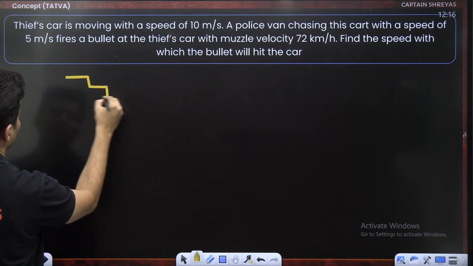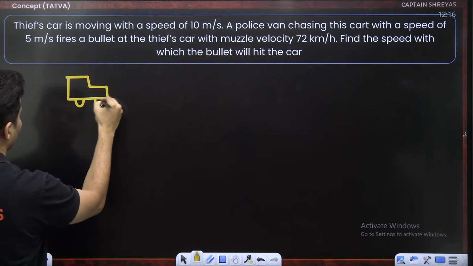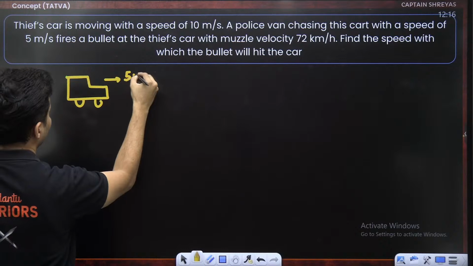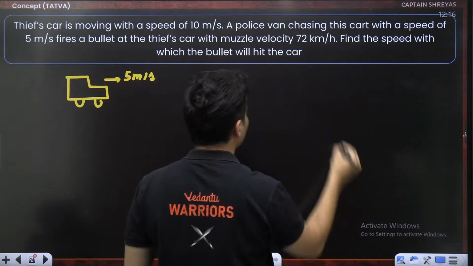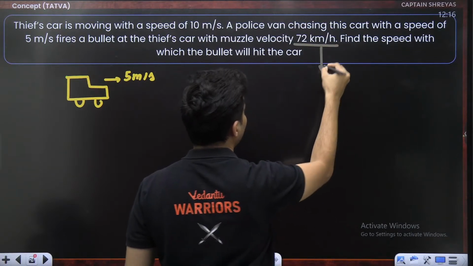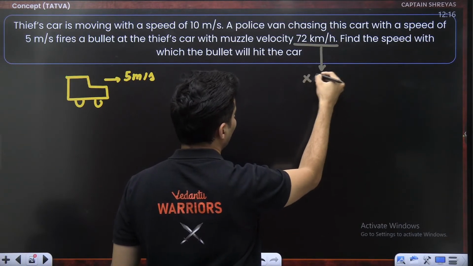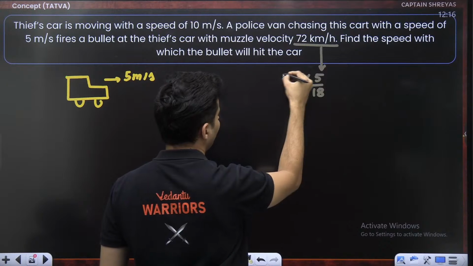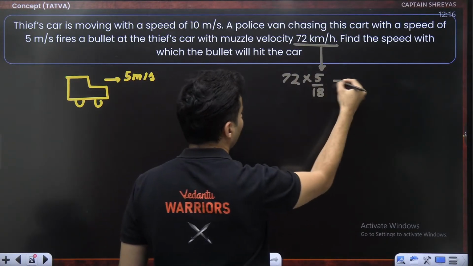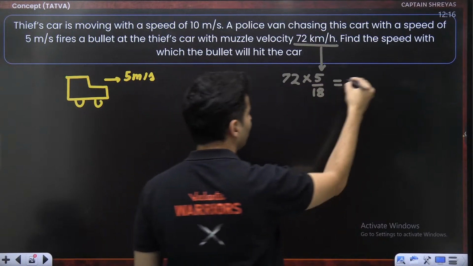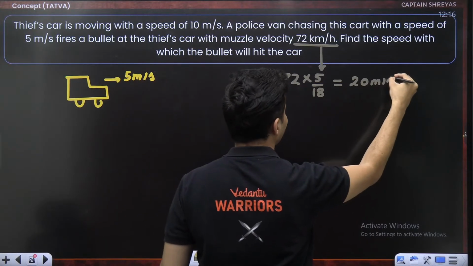So the police van is slower for some reason, moving at 5 meters per second, muzzle velocity of 72. What is muzzle velocity of 72? Okay, 72, first of all, convert it into meters per second by multiplying it by 5 by 18. Sorry, 72 is divisible by 18. 4 times 5 is 20. So 20 meters per second.